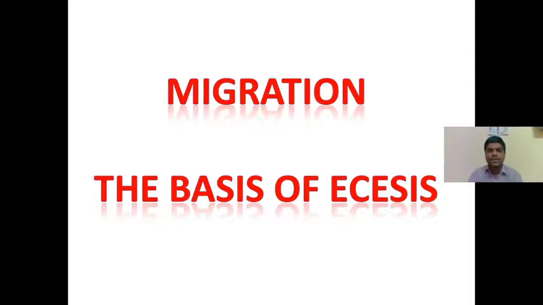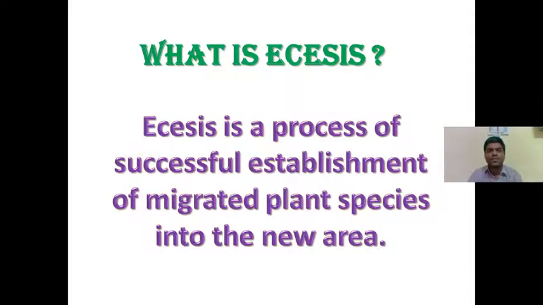And our today's topic, Ecesis, is based on migration, because migration results in Ecesis. Hence, we should know a little bit about migration. Now we will continue with Ecesis. So what is Ecesis? Ecesis is a process of successful establishment of migrated plant species into the new area.